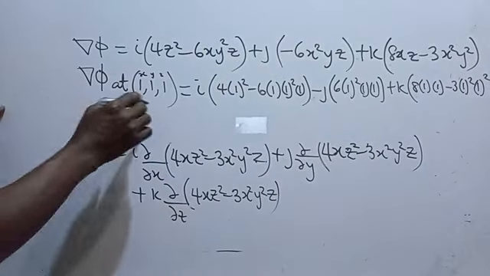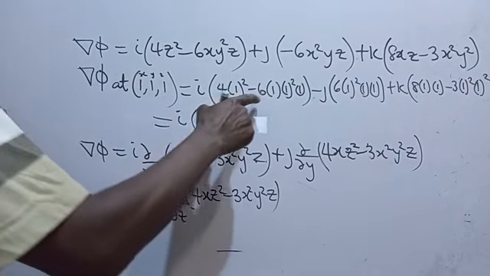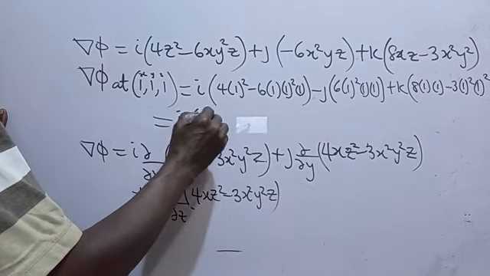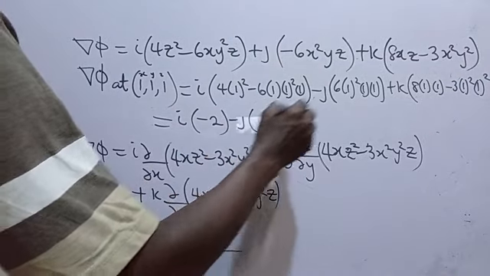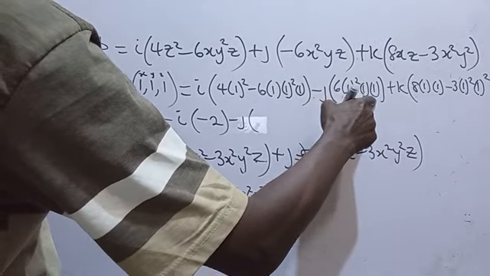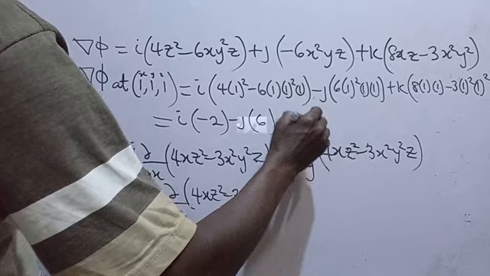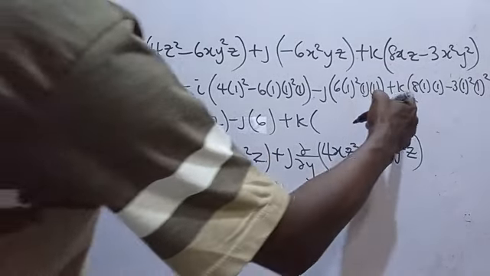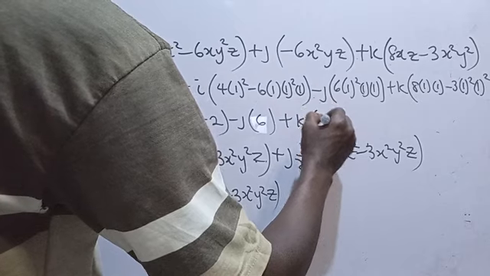Good. So that means we have i multiplied by 4, everything here is 1, 4 minus 6, that's minus 2. Then minus j into 6, everything is 6 here. Then plus k into, everything is what there, 8 minus 3, that is 5.